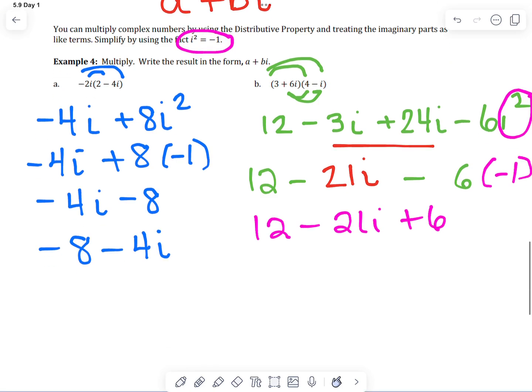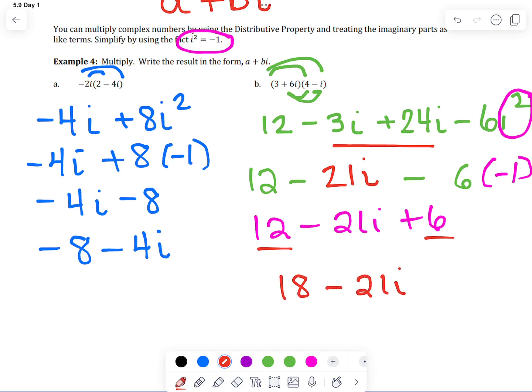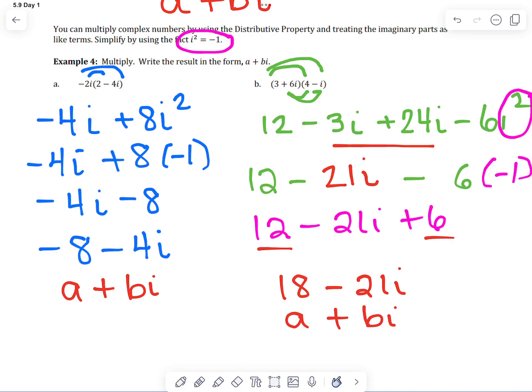And then again, we have like terms. The 12 and the 6 become 18 plus 21i. Again, we want to make sure it's in standard form. So we have a plus bi, or if there's subtraction. So that's standard form.